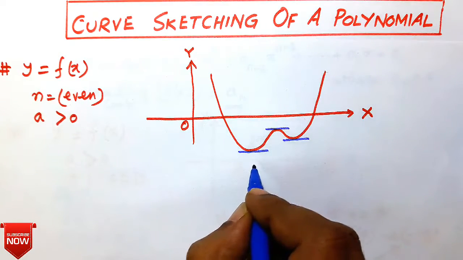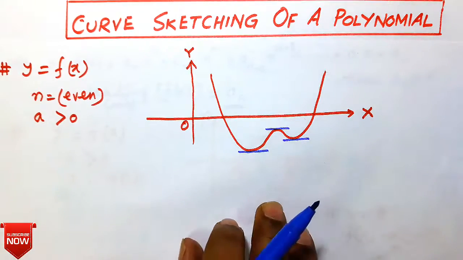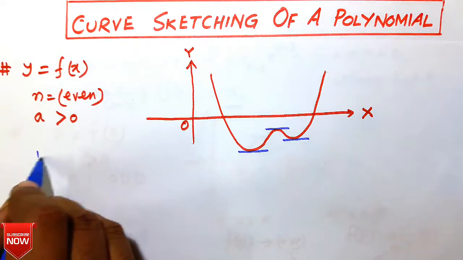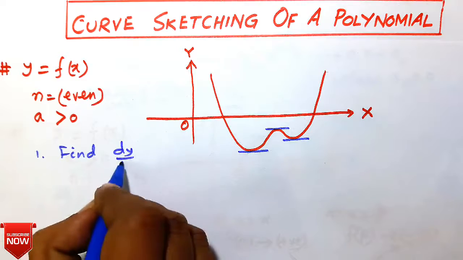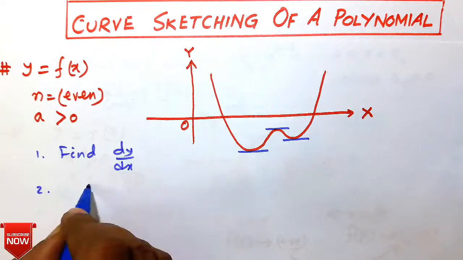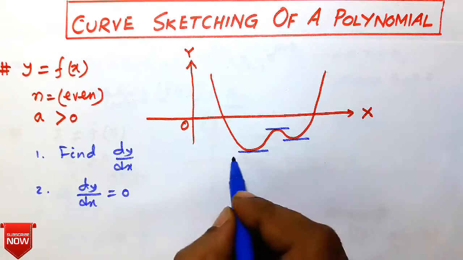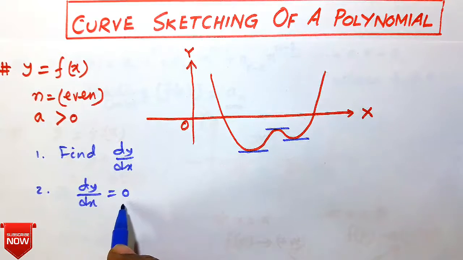What is dy/dx? dy/dx is actually the slope of the tangents, and this is equal to 0. So first of all you find dy/dx. Next, consider dy/dx equal to 0, because tangents are parallel to the x-axis.